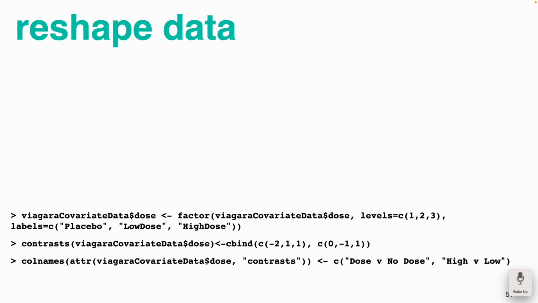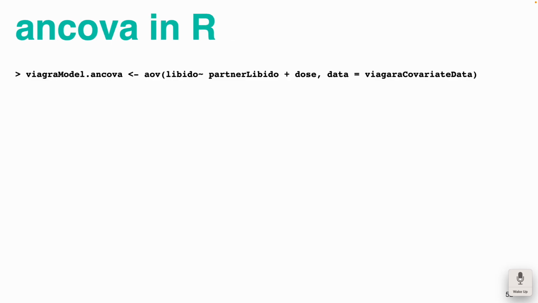Good and tight. So we run these commands. We create them as factors. We create ourselves some contrasts. We label as dose be no dose, high be low. And all we do is exactly the same command, analysis of variance. We have libido regressed on partner libido plus dose. Data equals the data that's provided.